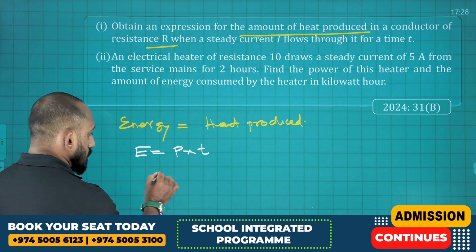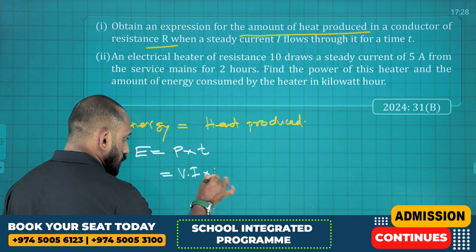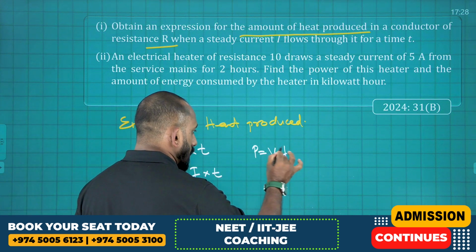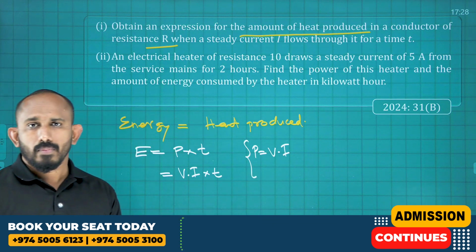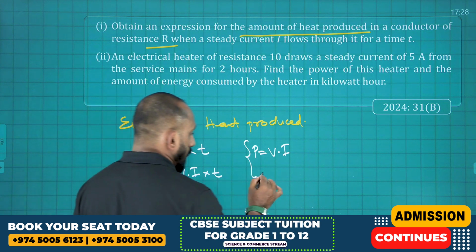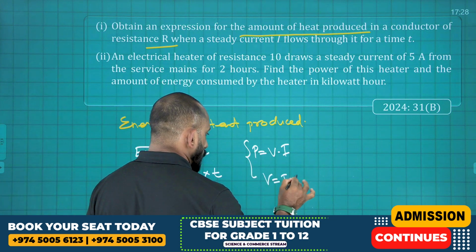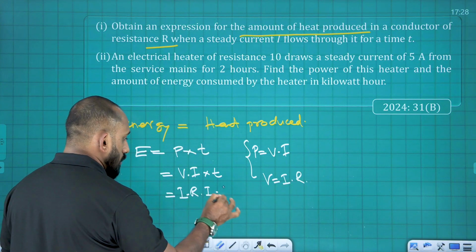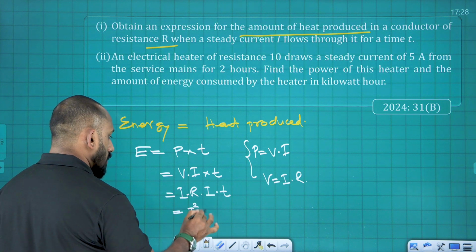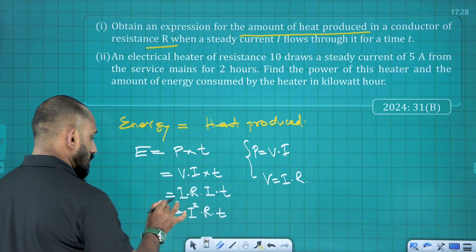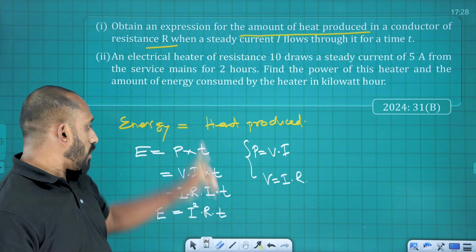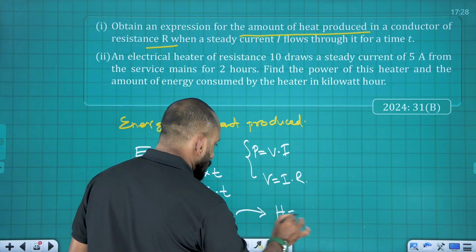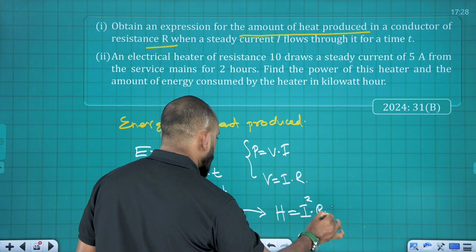Power is V into I. Now, from Ohm's law, we have V is equal to I into R. So, if you substitute it, it is I into R into I into t. That is I square R into t. This is equal to heat energy. So, H is equal to I square R t.